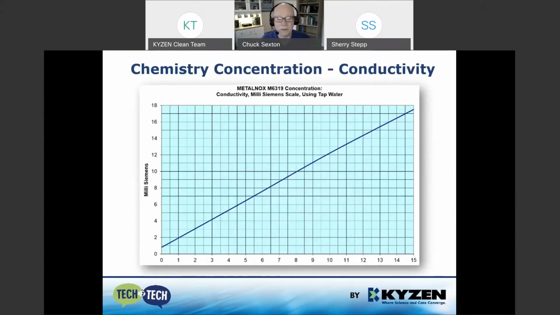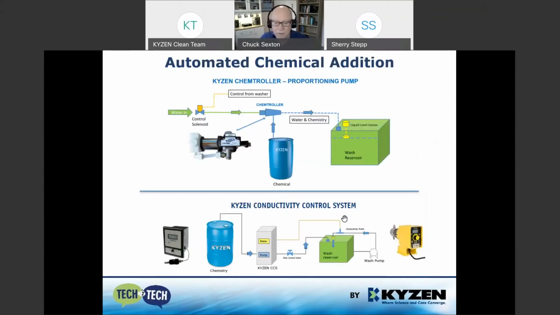This is a good example of a conductivity chart for one of our alkaline products, 6319, where we've measured the conductivity on the left as millisiemens and related that to percent cleaning chemistry on the bottom axis. And in many cases, this is a very accurate way to control your cleaning chemistry.